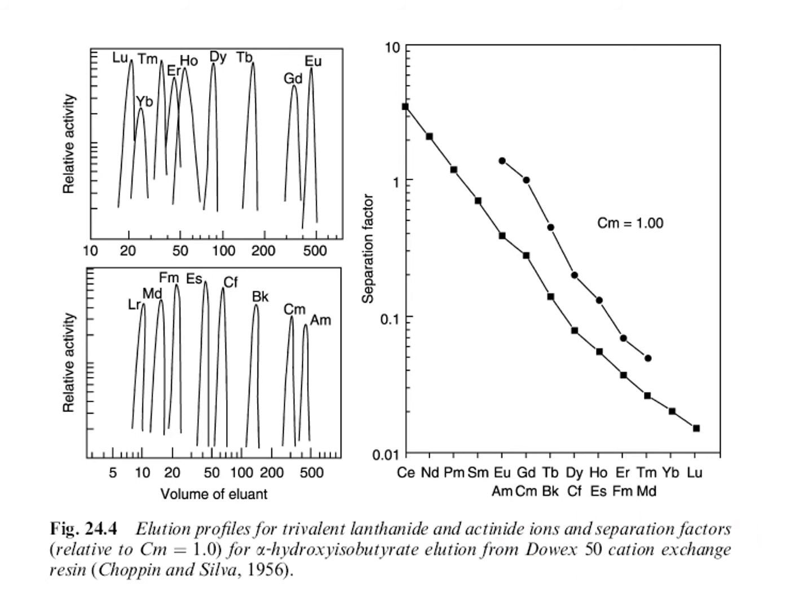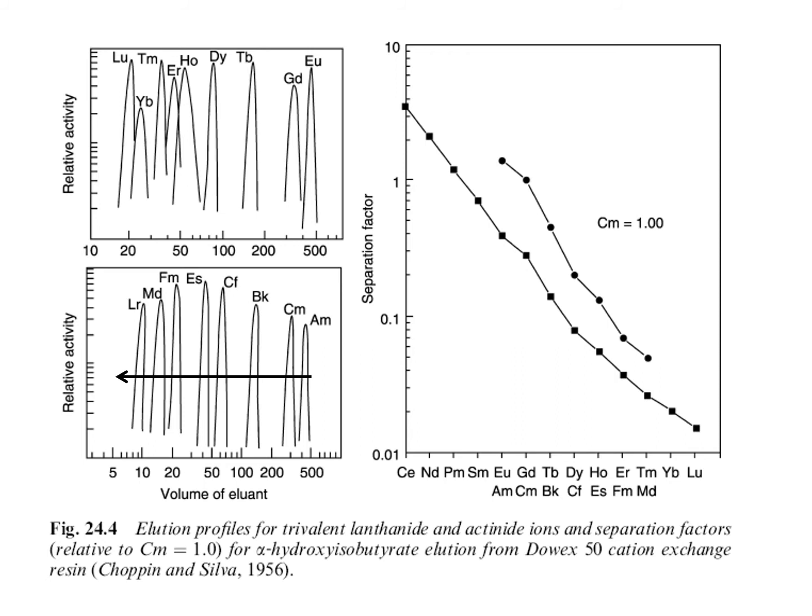As we see here, for the elution of both the lanthanides and the actinides, the lighter lanthanides and lighter actinides elute last. The heavier lanthanides and heavier actinides elute first. From the actinide and lanthanide contraction, we know that these have the smaller metal ions.